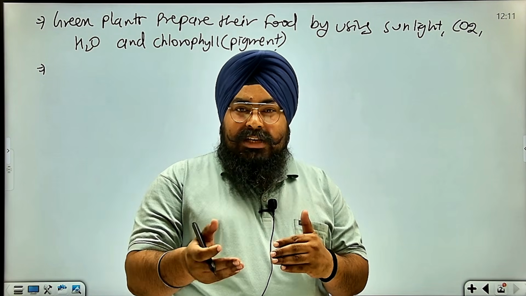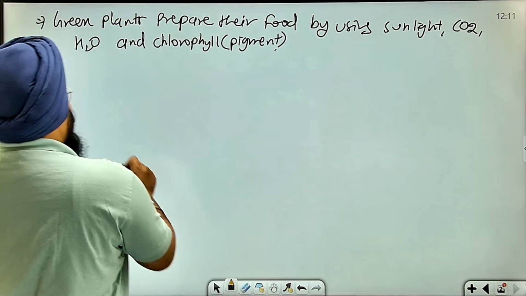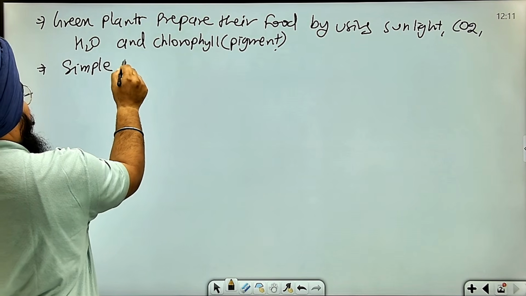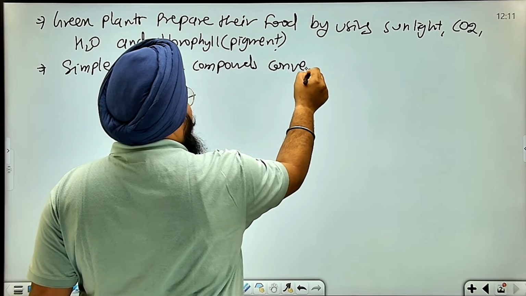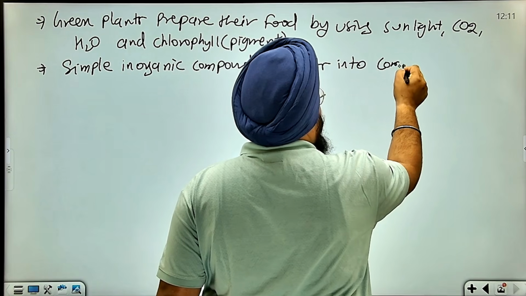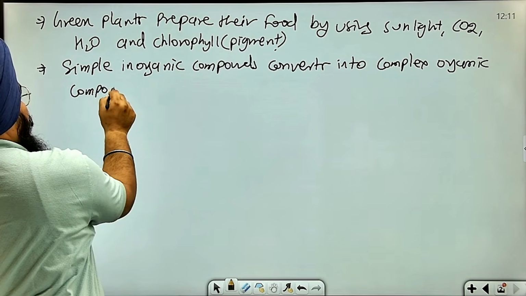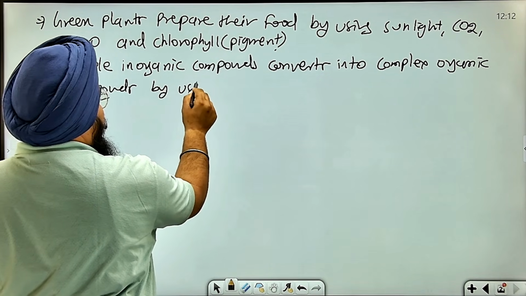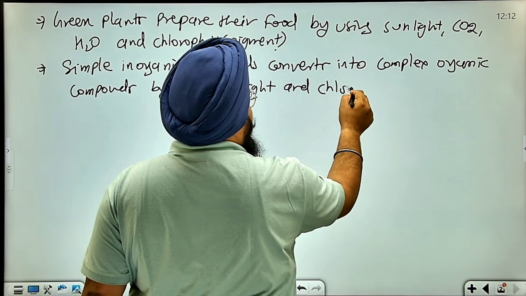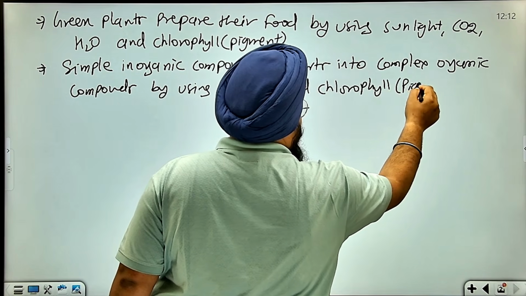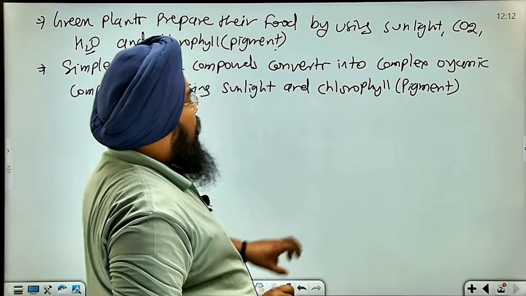Then the definition is slightly modified, and now we define photosynthesis as a process in which simple inorganic compounds convert into complex organic compounds by using sunlight and chlorophyll pigment.